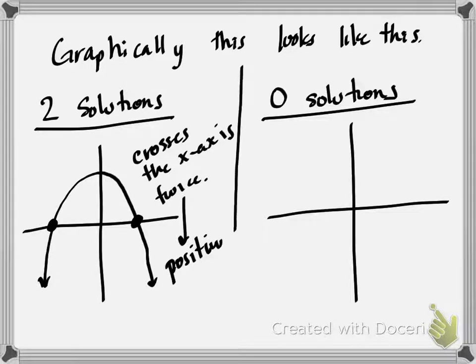If we look at this other one, if we have 0 solutions, that would be a graph that looks like this. The graph of this quadratic will never touch the x-axis.